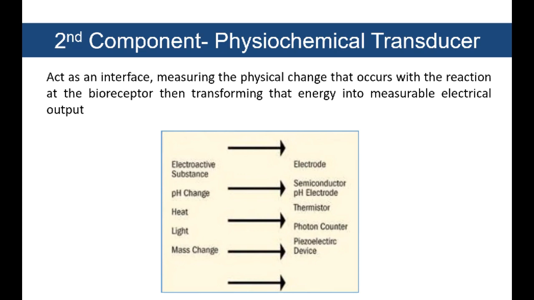These are the changes seen at the bioreceptor sites after the bio element is added, and these changes are measured with the respective physicochemical transducers like electrode, semiconductor pH electrode, thermistor, photon counter and piezoelectric device respectively.